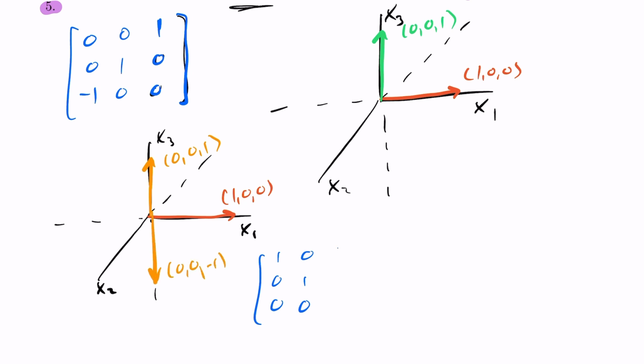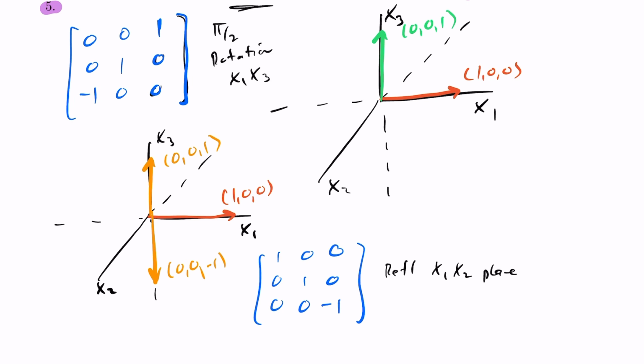So that'll be the third column for us here, and this is going to represent a reflection in the x1, x2 plane. This is a pi over 2 rotation, and that's in the x1, x3 plane.